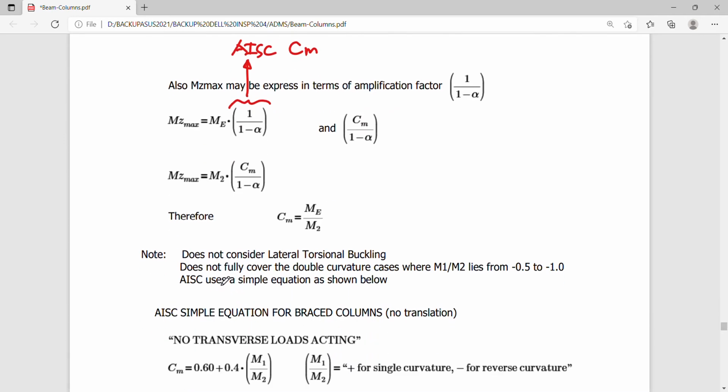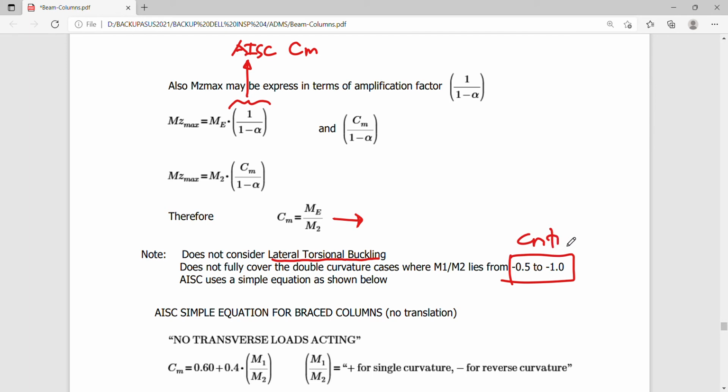So take note that in this particular formula for Cm, we will note that lateral torsional buckling effect was not considered, and also the effect of a double curvature case where M1 and M2 lies within this range is very critical.